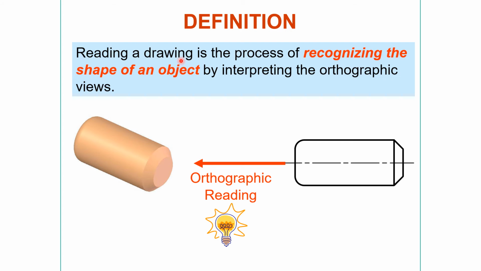So reading a drawing is the process of recognizing the shape of an object. To read the drawing and understand the shape of the object by interpreting the orthographic views, that is called orthographic reading.